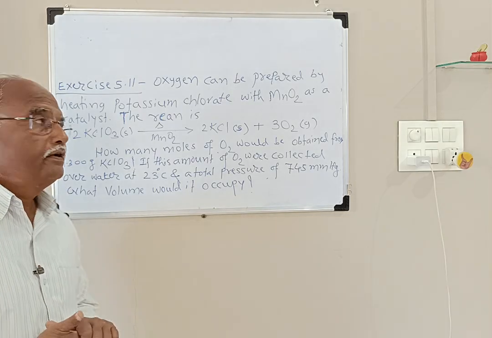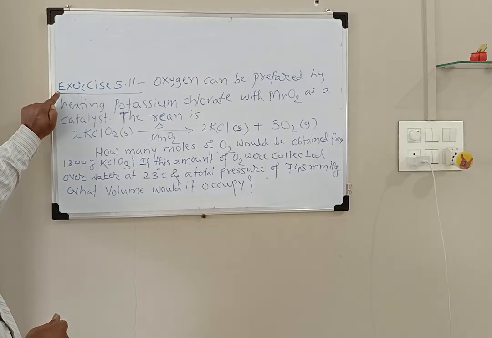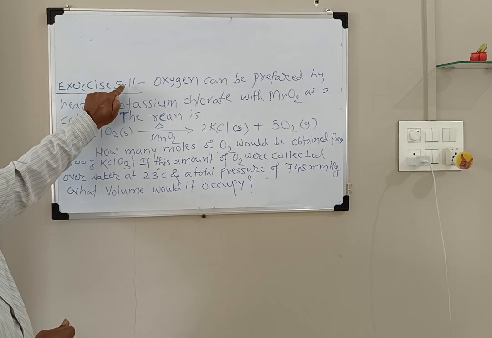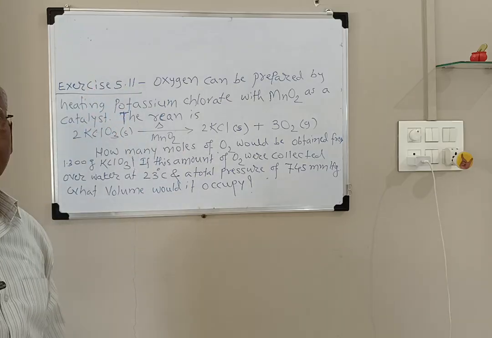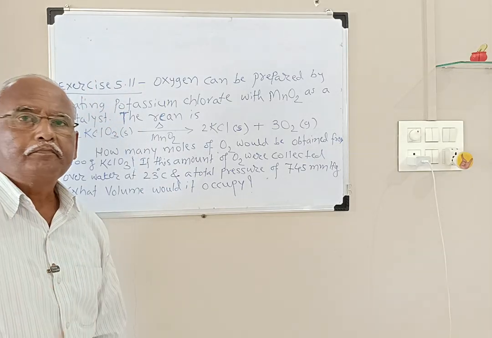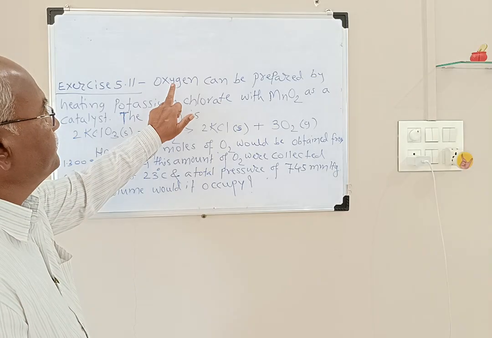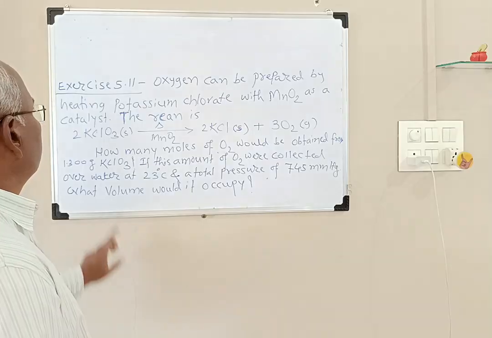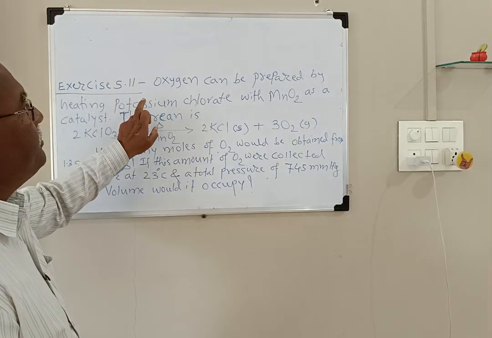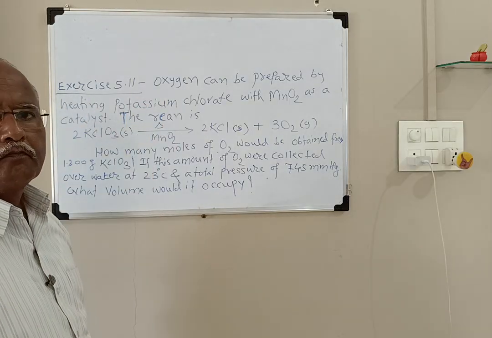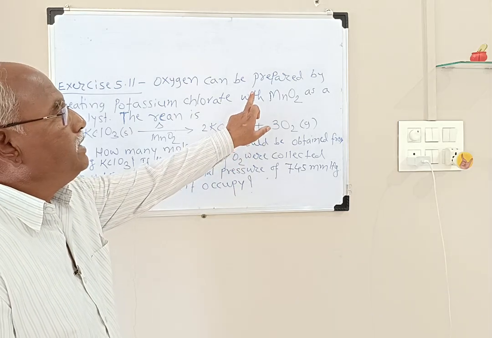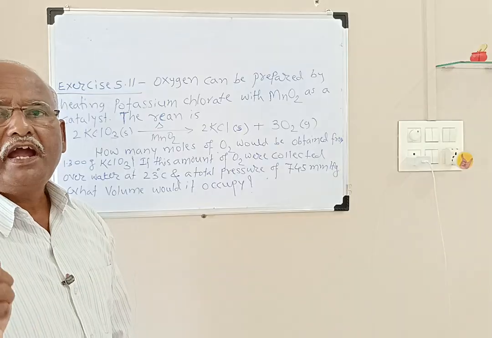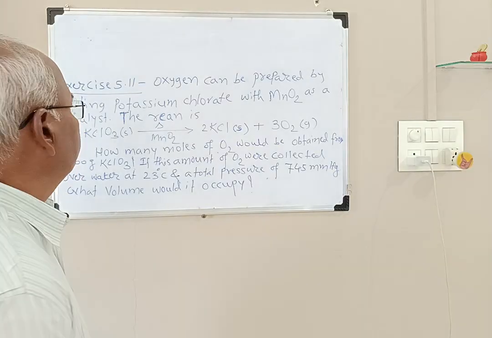So welcome back. This is exercise number 5.11. The problem reads like this: oxygen can be prepared by heating potassium chlorate with manganese dioxide MnO2 as a catalyst.